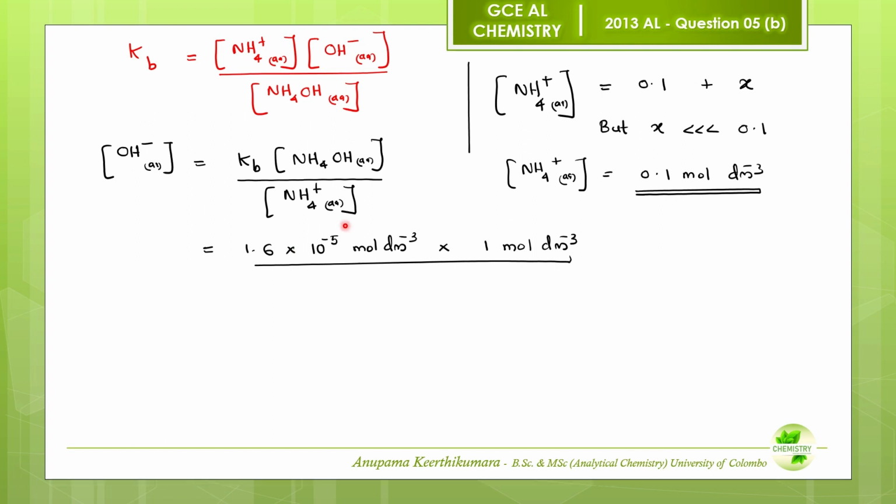Therefore, the concentration of ammonium ions in the solution is 0.1 moles per cubic decimeter. This gives 1.6 times 10 to the negative fourth moles per cubic decimeter. Therefore, the concentration of OH minus ions in this solution is 1.6 times 10 to the negative fourth moles per cubic decimeter. This is the answer for question number 4.